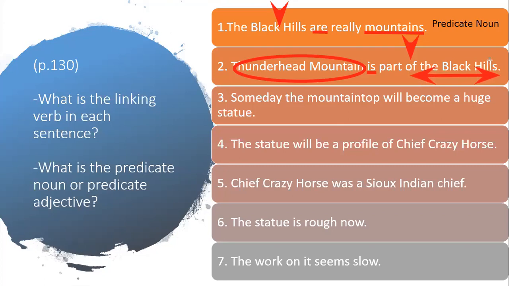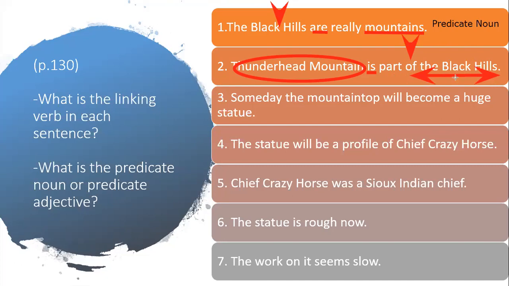We have not covered that yet in English class, but what I want you to do is this. You see a preposition and it's going to end with a noun, and that is called the prepositional phrase. Okay? And when that happens, words after a preposition are not going to be the predicate noun or the predicate adjective. Are you listening to this?